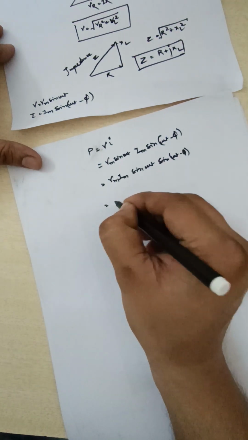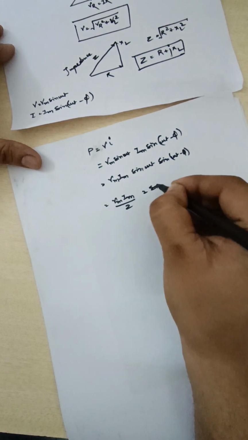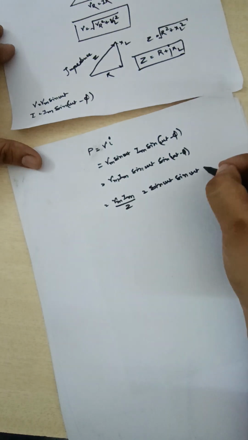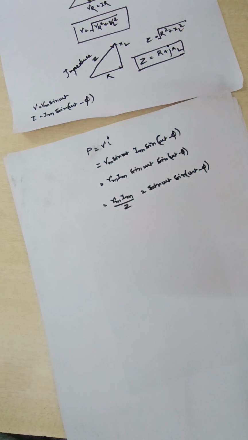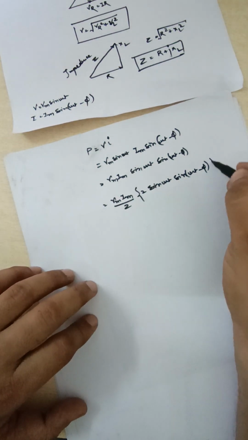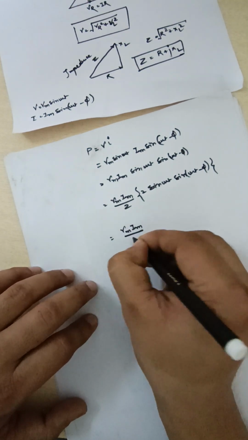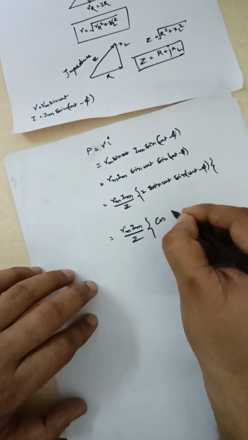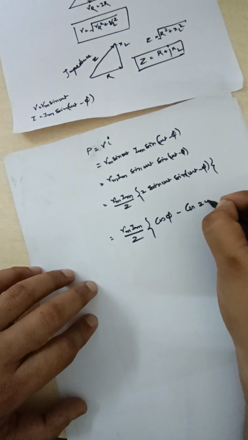Now here we can apply a formula: write Vm Im by 2 and multiply this expression with 2 sine omega t sine omega t minus phi. Here you can write cos a minus b minus cos a plus b in place of this. So what will be the value? Vm Im by 2 in bracket, cos a minus b becomes cos phi, minus cos a plus b.